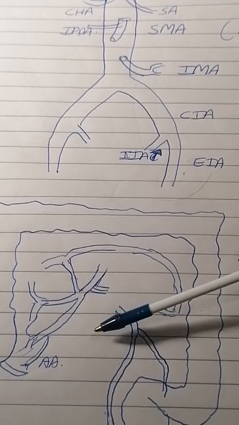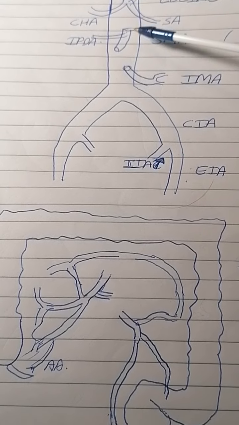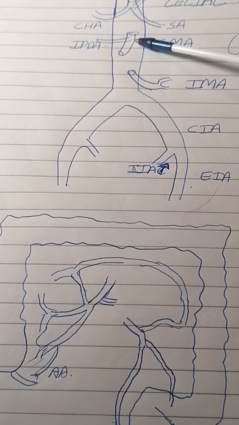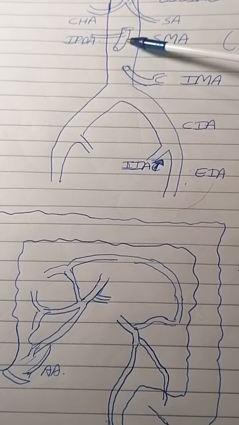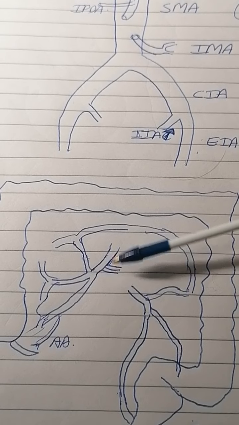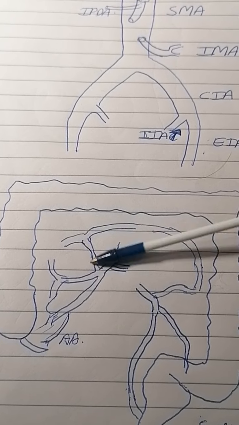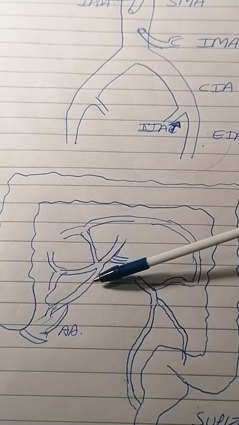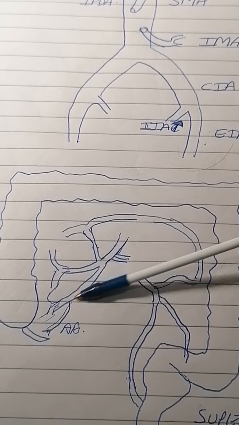Then the second branches would be your jejunal arteries, which I've drawn here, plenty of them coming out of your SMA. And the third would be your middle colic, then right colic, and ileocolic arteries.